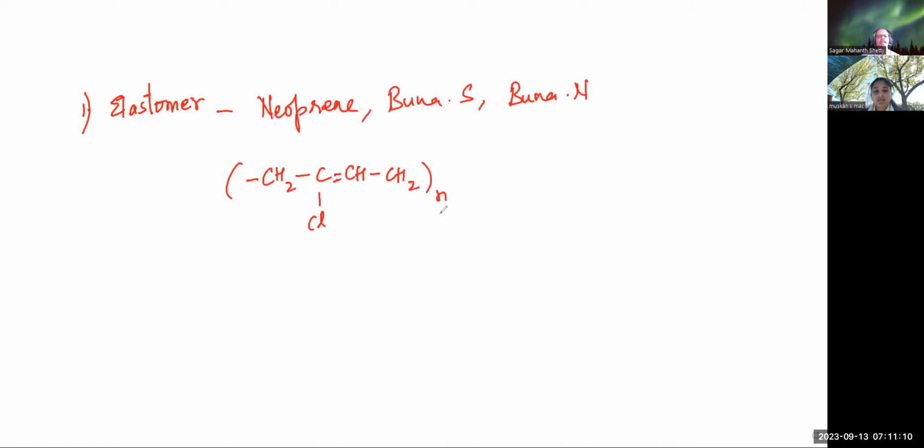If I put an n, which means many such units, that gives rise to an elastomer, a chain. The n indicates a large number. Can you substitute the n for a number? Yes, absolutely, it could be substituted.